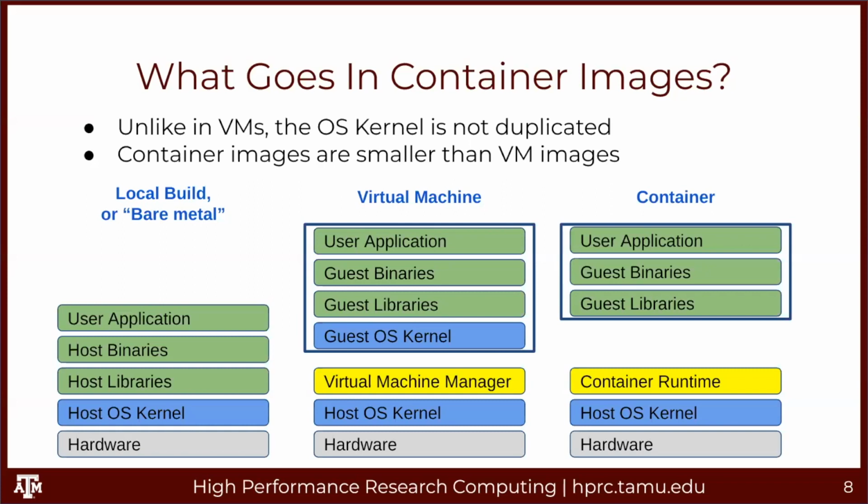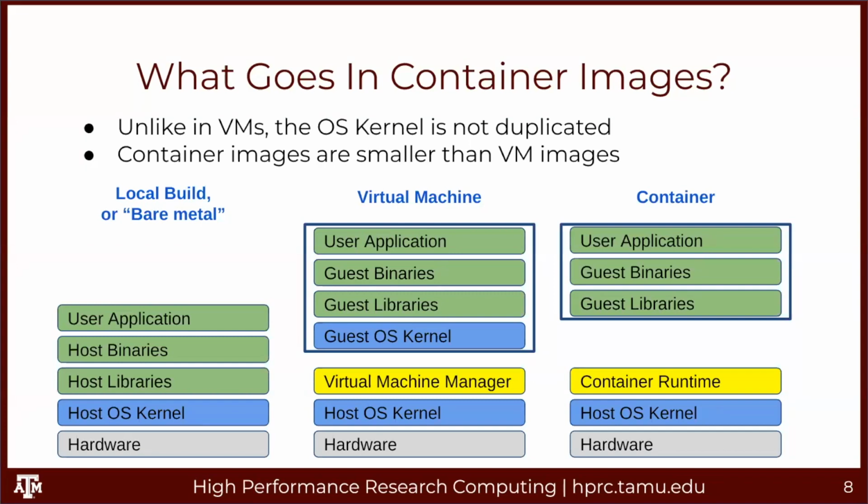So in order to save on memory, the principle of containers is, let's not duplicate the operating system kernel. Let's just use the operating system kernel that's already there, and then the container will just have the files that make one Linux distribution different from another.